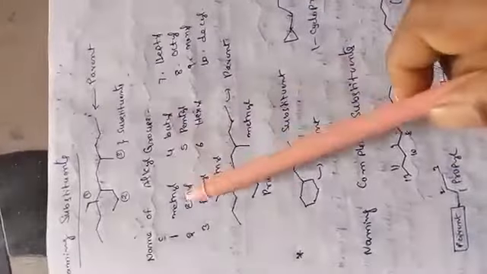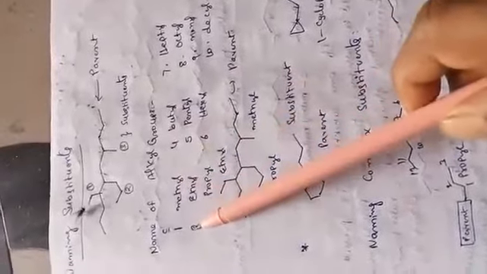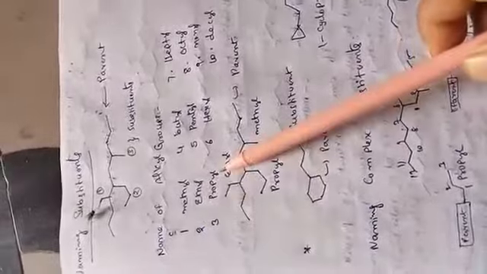These are the substituents and this is the parent chain. For the alkyl groups: one carbon is methyl, two carbons ethyl, three carbons propyl, four carbons butyl, then pentyl, hexyl, heptyl, octyl, nonyl, decyl, like that. We consider these as substituents.